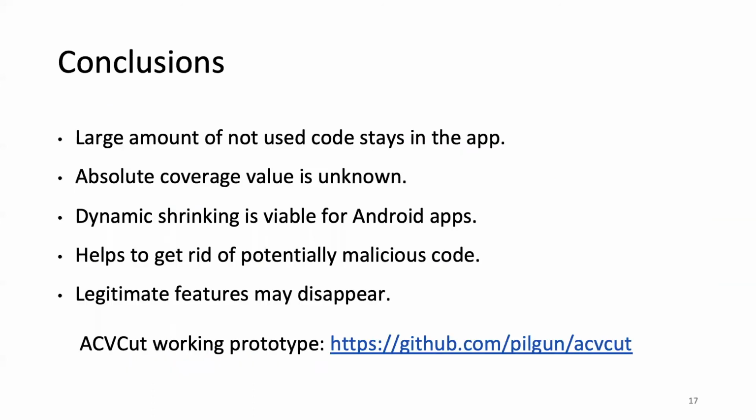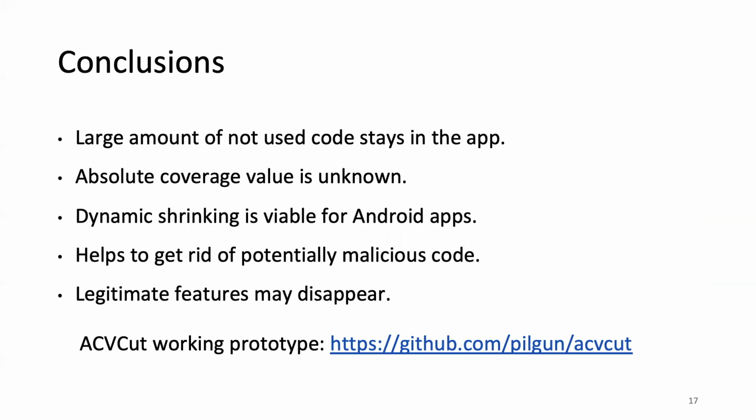To conclude on this work, a large amount of not executed code still stays in the application. Also, the absolute code coverage value is unknown, therefore, we may not guide an automated testing tool by code coverage only.